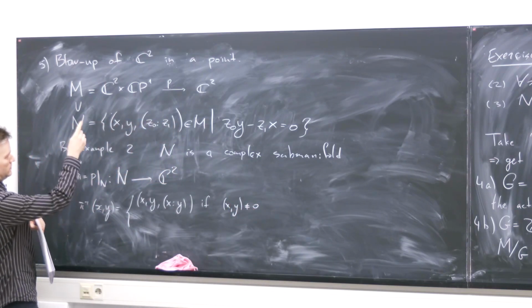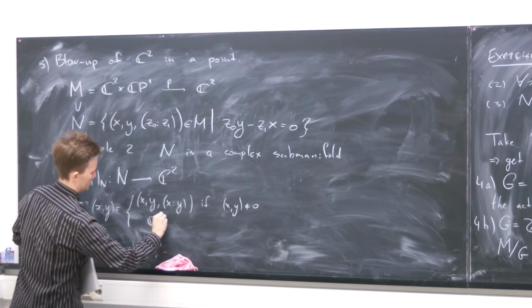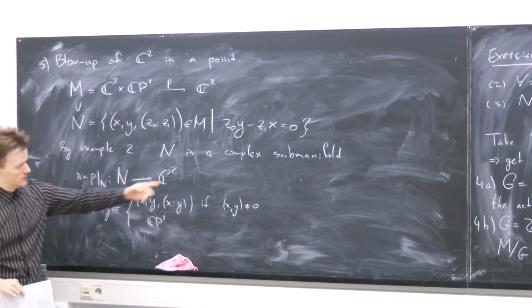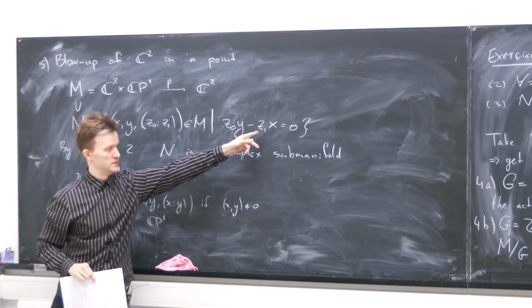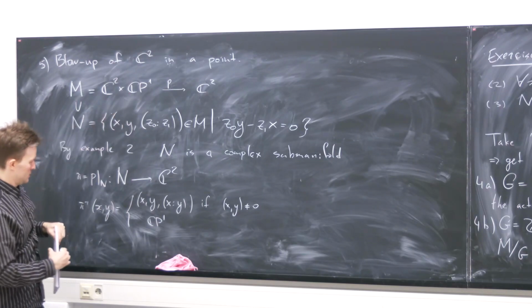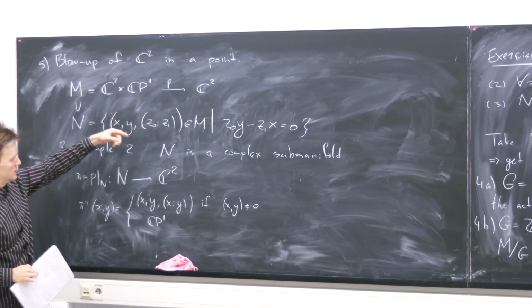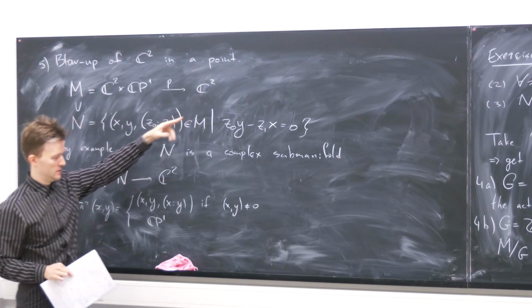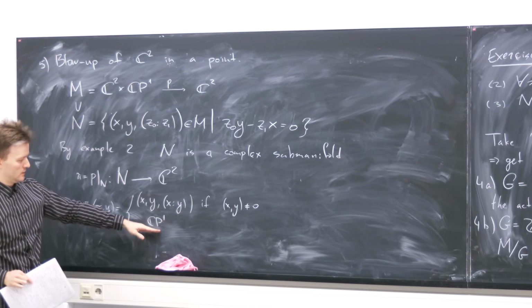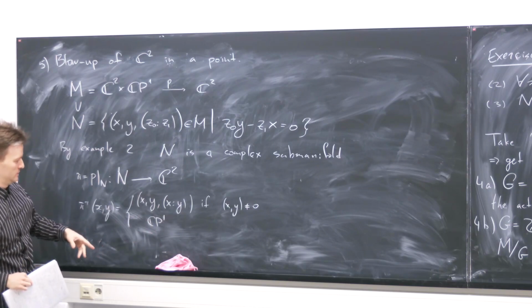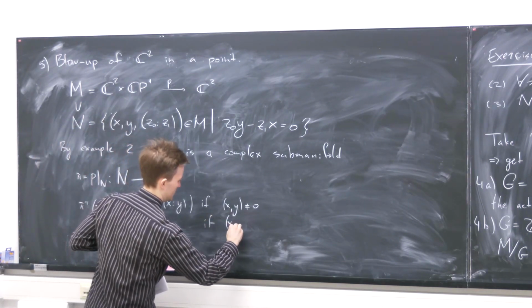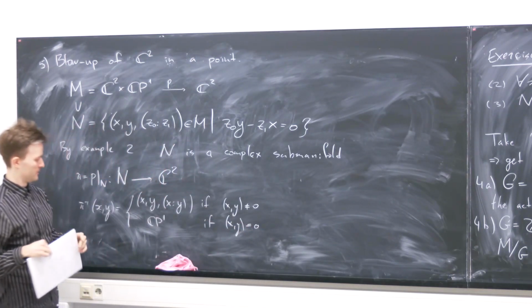Otherwise, if (x, y) is the origin, then I get 0 for any z0, z1, and the preimage is the whole CP^1. So what I do here is throw away the origin and glue in the set of lines through the origin. That's the blow-up.